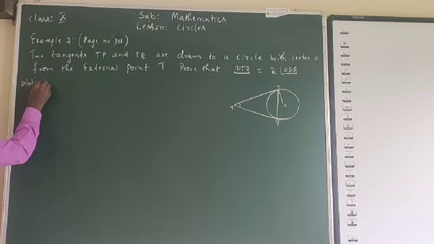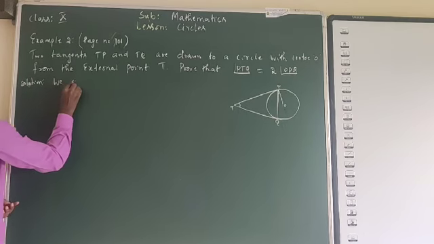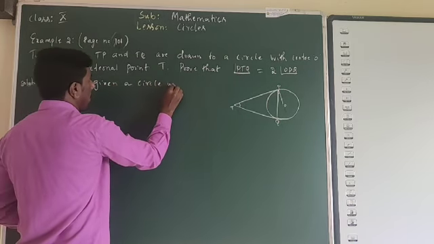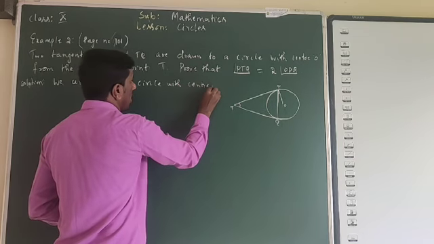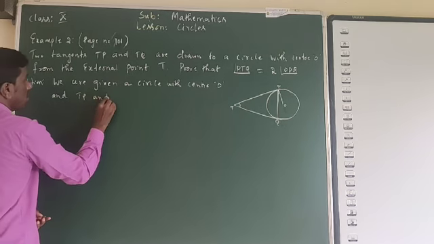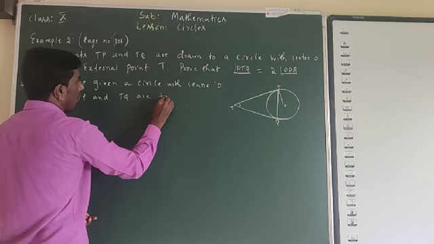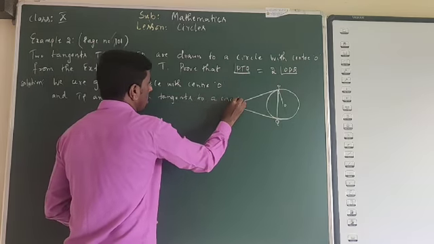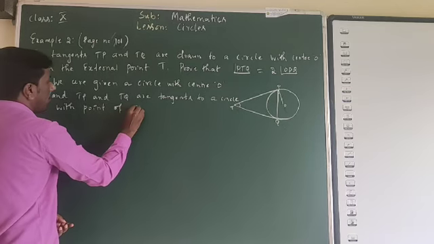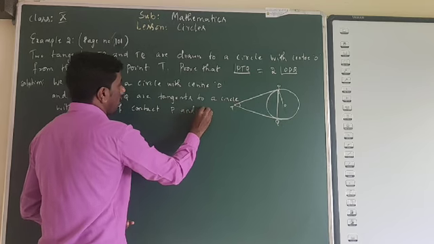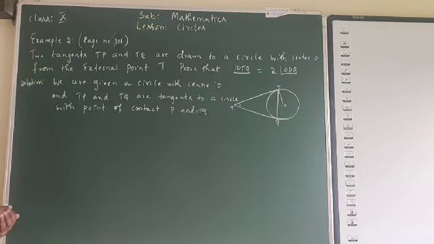Okay. So we write that we are given a circle with the center O, and TP and TQ are tangents to the circle with points of contact P and Q. So this is given.